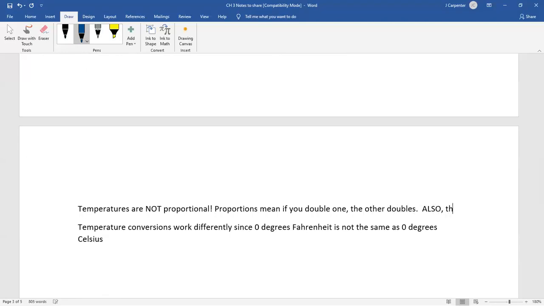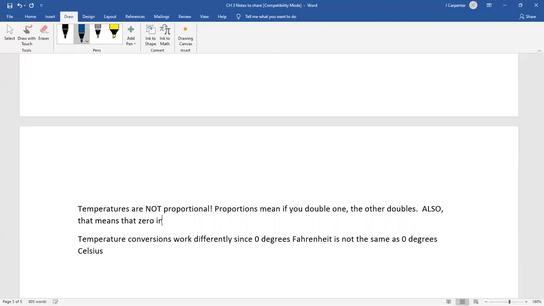Also, that means that 0 in one version is 0 in the other version. Otherwise, the doubling aspect doesn't work. Because if 0 degrees Celsius is 32 Fahrenheit, and you double both of those, well, 2 times 0 is 0, and 2 times 32 is 64.